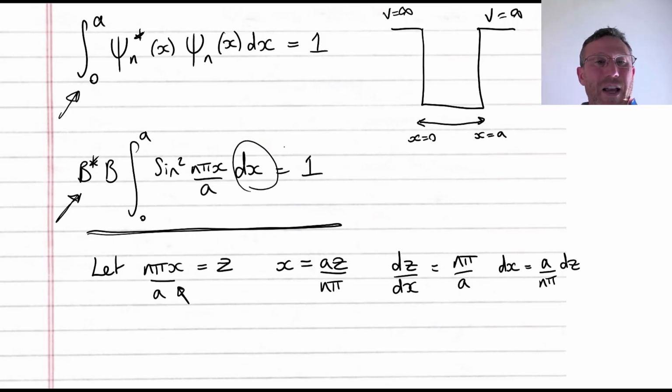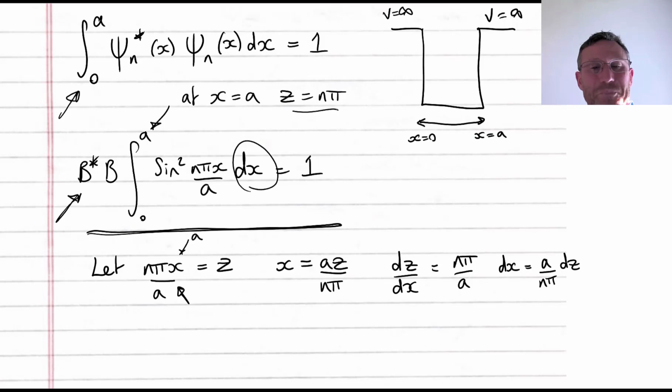Lastly, because we've got our integral here, at x equals a, z equals n pi. Of course when x is equal to a in here, these will cancel, and that will leave us with z equals n pi.